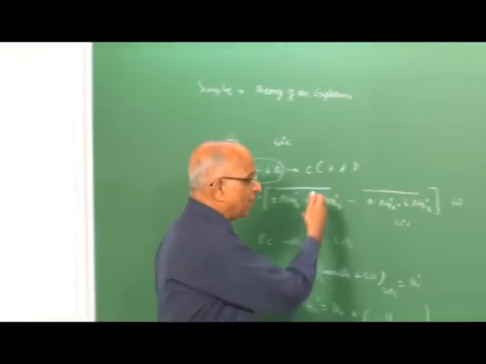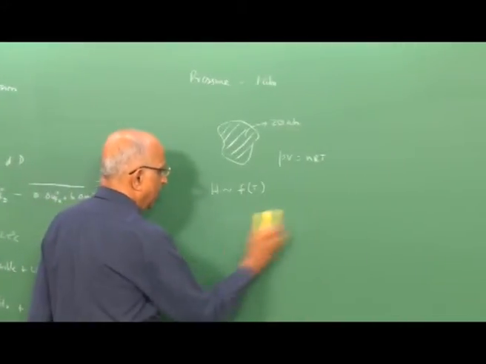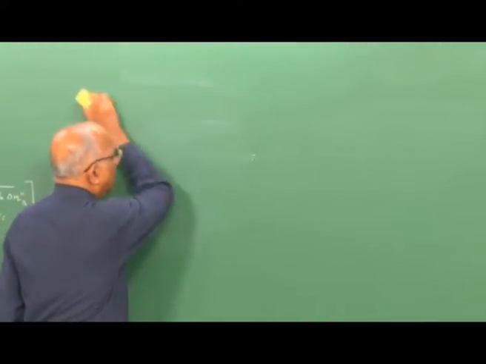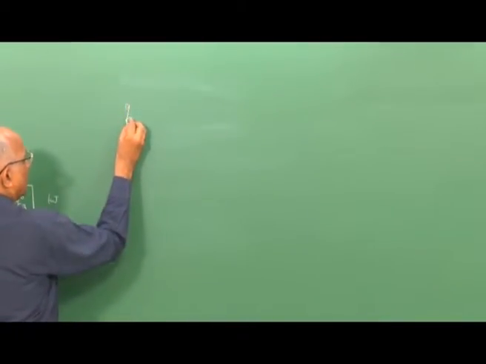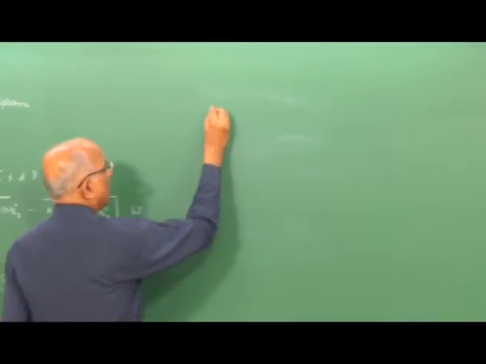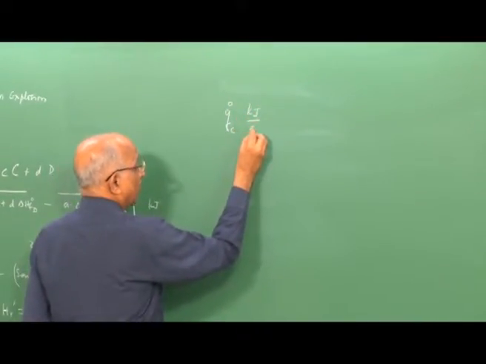With this background of heat release, when we talked of the rate of chemical reaction in the last class, what did we tell? The heat release from chemical reaction, we call it Q chemical reaction dot, and what is the unit? Kilojoules per second.